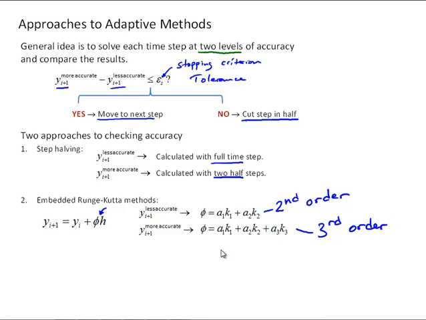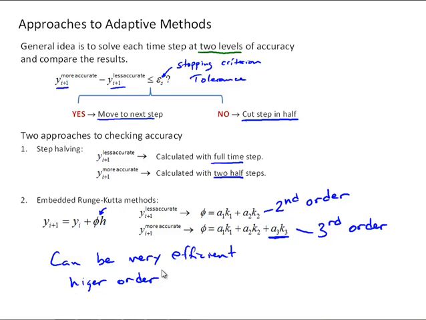And this approach can actually be very efficient because we can set up a Runge-Kutta method such that the third order method uses the same first two terms. So the a1 and k1, those first constants and function evaluations, are the same as for the second order method.